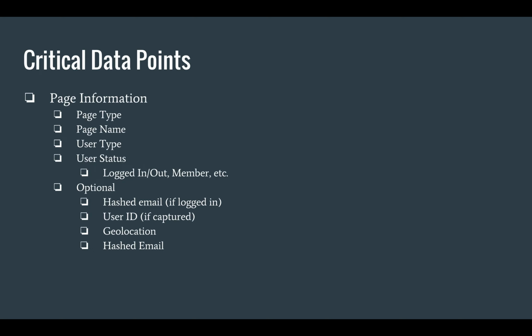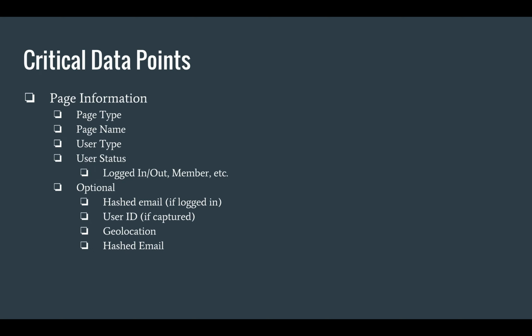Some other information that should be pushed in with the page information is your user type and user status. So if they're logged in, logged out, a member, not a member, that sort of thing. And then some optional information that is very helpful when it comes to a lot of third-party tags: hashed email. A lot of different third-party platforms will want email pulled into the tags.